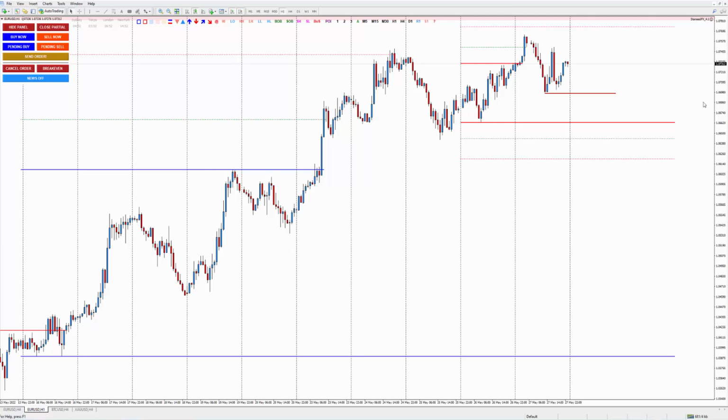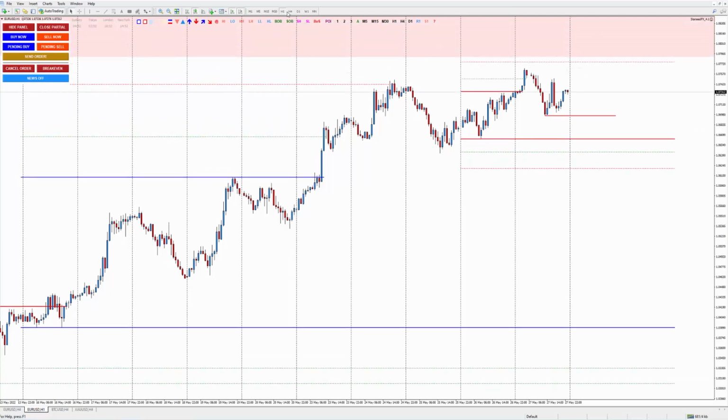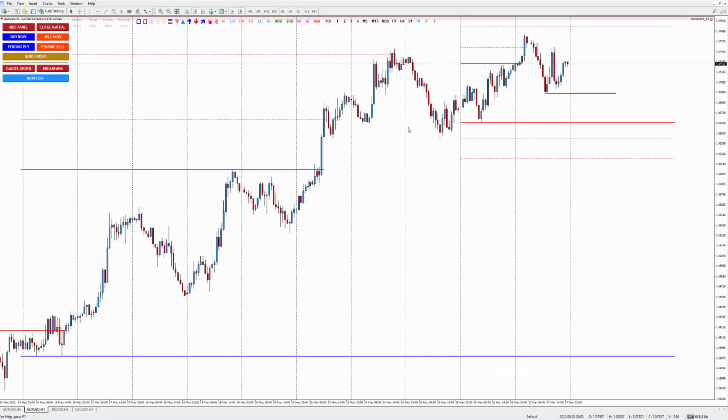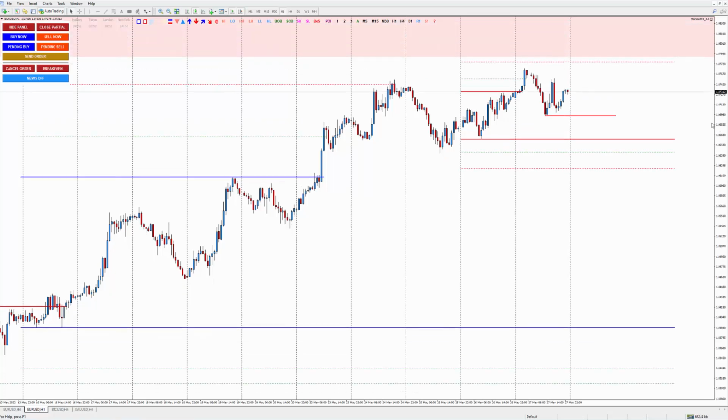So you can see where you can aim based on main and minor, because what is minor on the main structure here on D1 could be the main structure on a lower time frame, to make it easier for you to enter the market and set your take profit target.